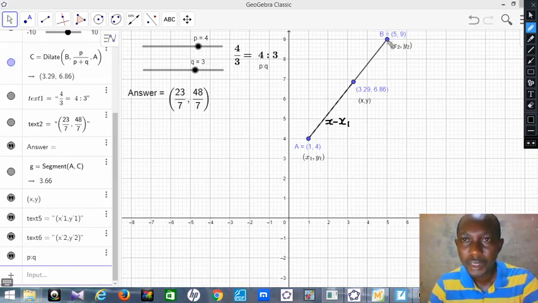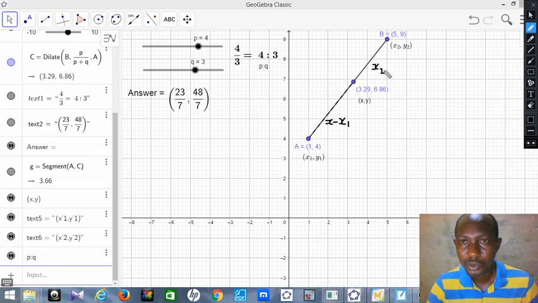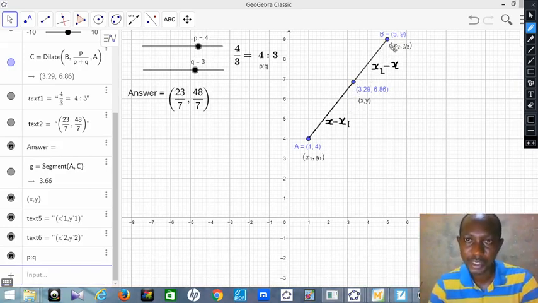Then this side for the x coordinate is going to be x2 minus x. So just take note of this. You know this line is x2, then this is x, the one we need. Then you now say x2 minus x will give you this distance.